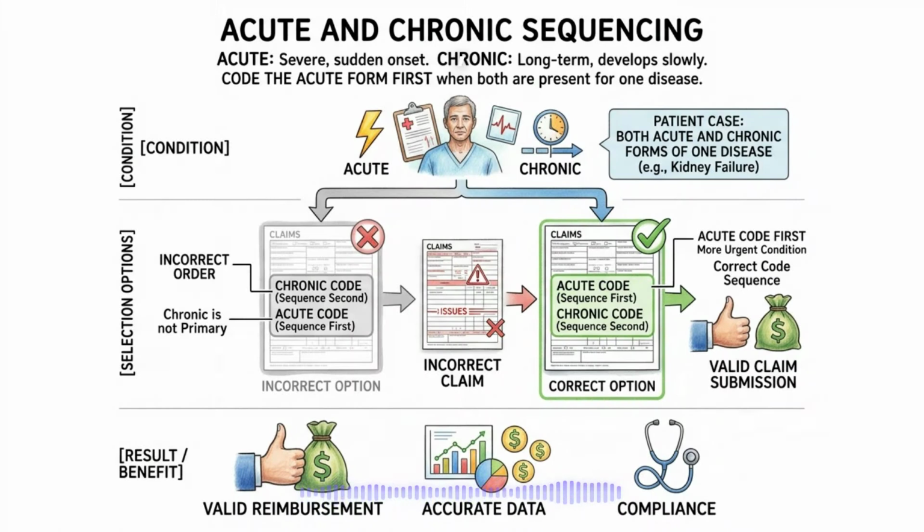For example, if a patient has acute and chronic kidney failure, the acute failure is the more urgent problem and is listed as the primary code. The exam loves to test your knowledge of how to sequence acute versus chronic illnesses.